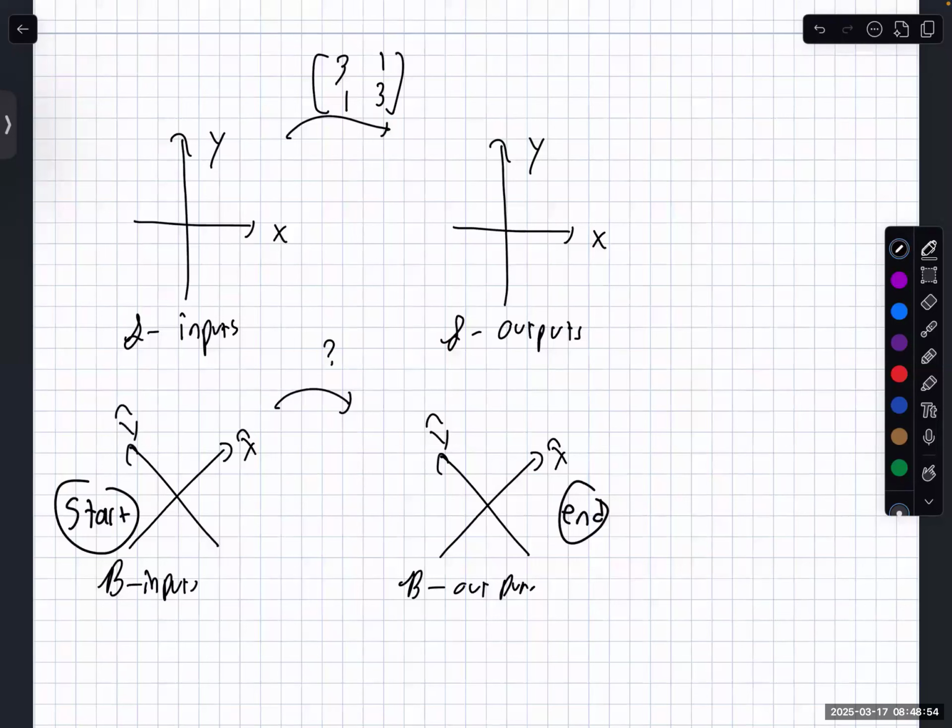And instead of going directly across, we're going to turn this into a 3-step process.